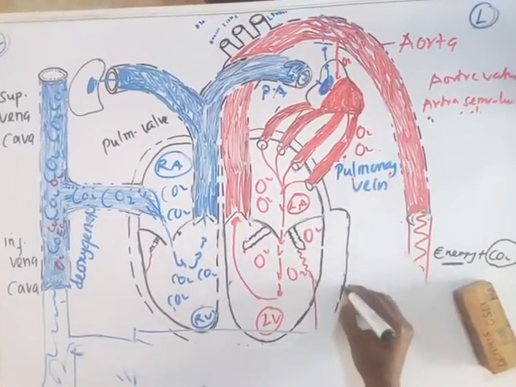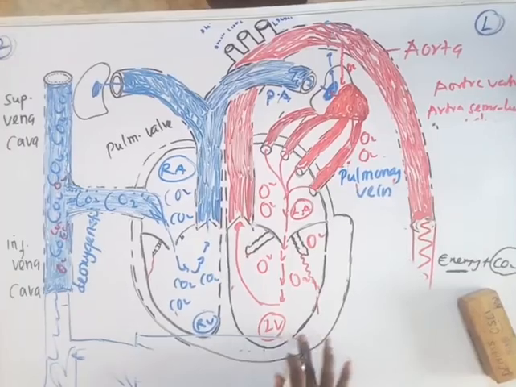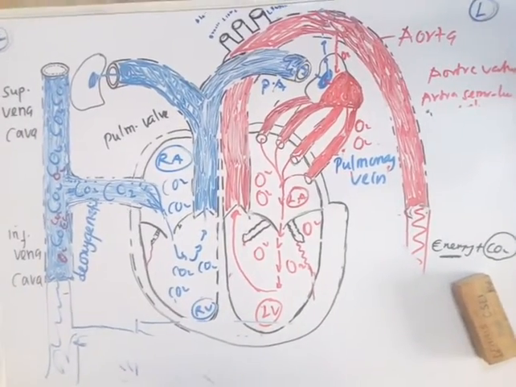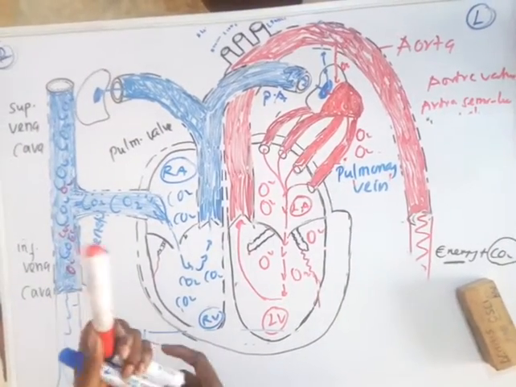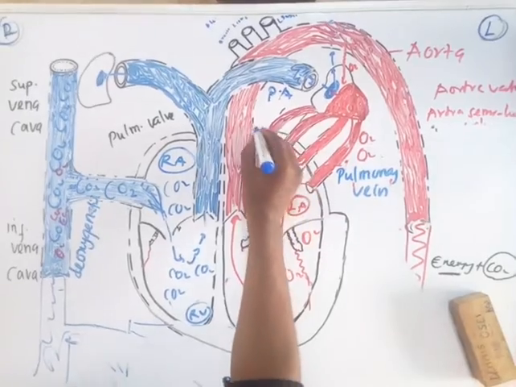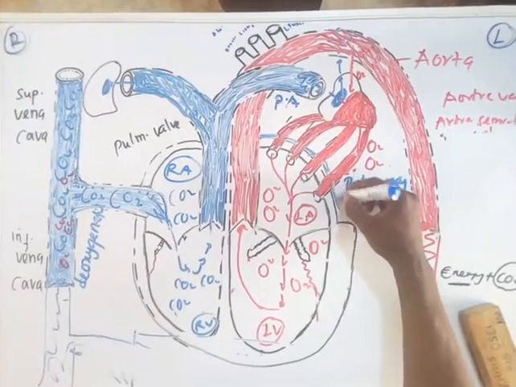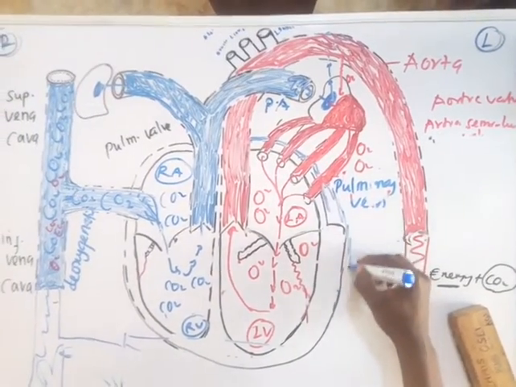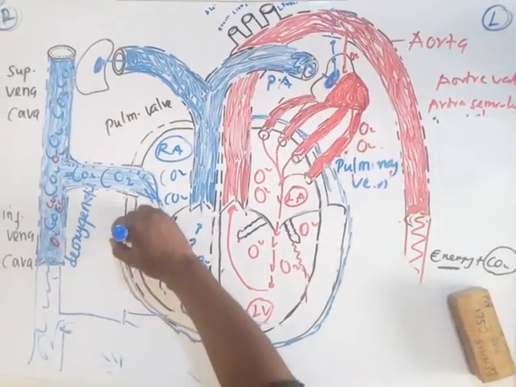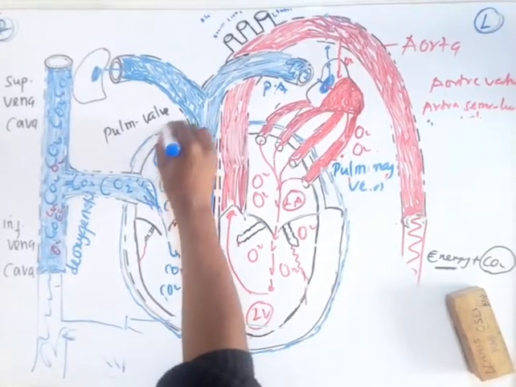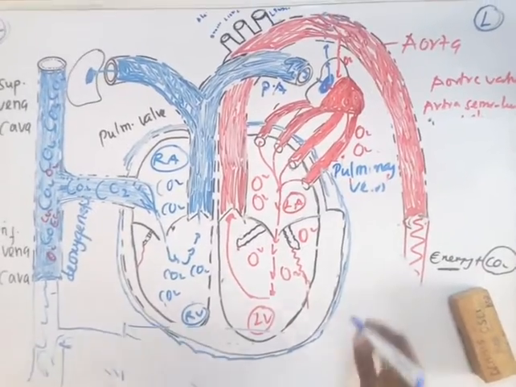The first one can be found at the outside of the heart, at the periphery of the heart. So this is the first layer to talk about. Now this layer is referred to as the pericardium.